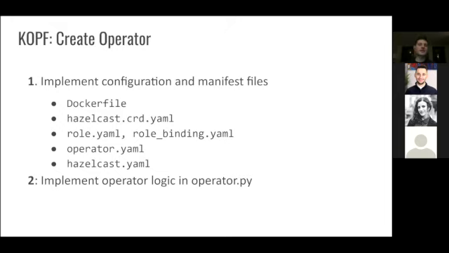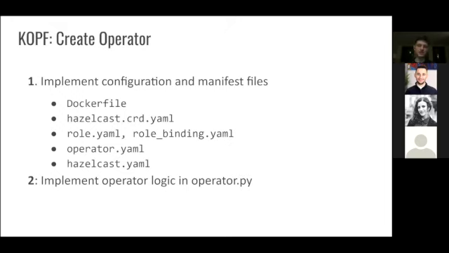So how do we create this operator with the KOPF framework? Basically, it will not generate any of these CRD files, role bindings, anything. You are on your own here. You have to implement everything, even the Dockerfile.